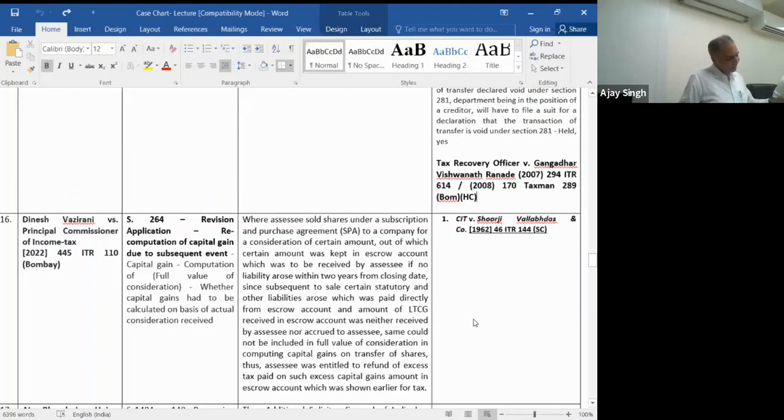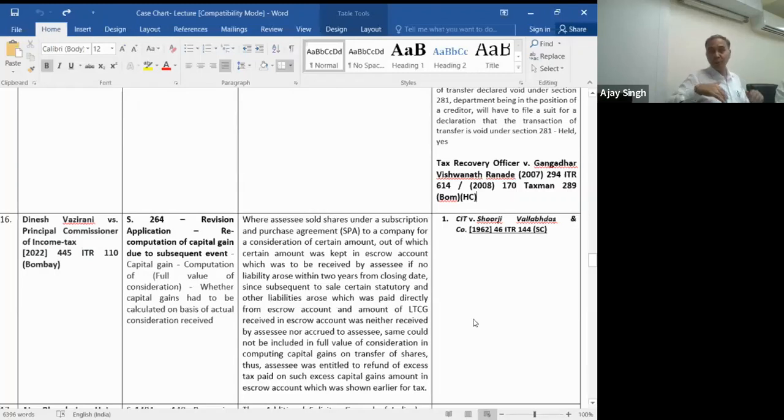This was a case where the matter had come up before the court in context of a revision order passed by the commissioner under section 264, where the assessee had made an application before the commissioner regarding certain capital gain which the assessee had offered in his return of income.